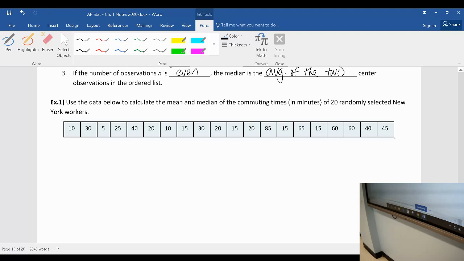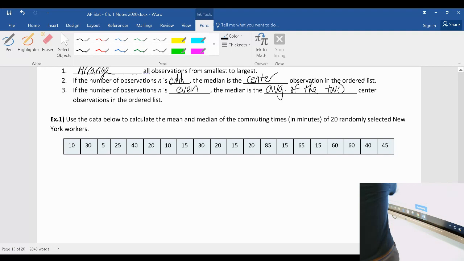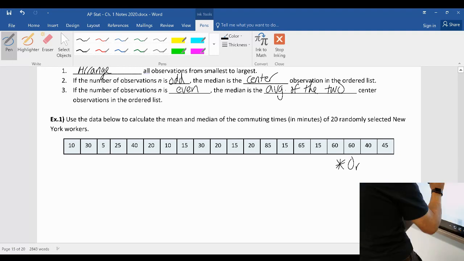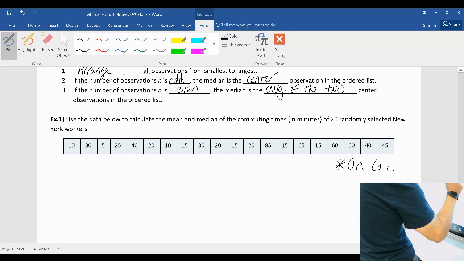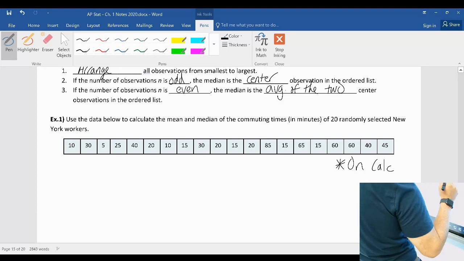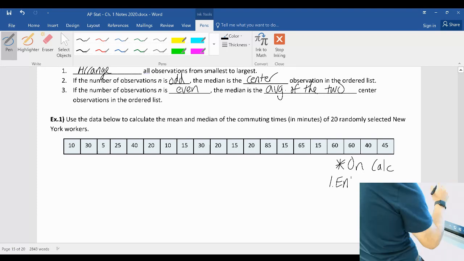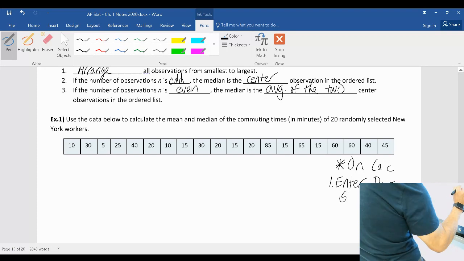One thing I do want you to write down here is how to find this stuff on the calculator. And if you want to do this ahead of time, feel free. Step one, you're going to enter your data in. Well, where do you enter your data? Stat, edit.